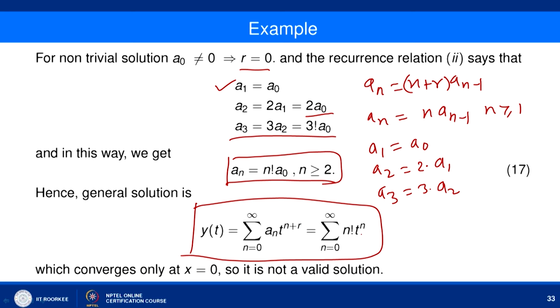So here theoretically we can say that it looks like we got a solution, and the solution is given by the sum from n equal to 0 to infinity of factorial n t to the power n. But if you have already seen the theory of power series, this power series has 0 radius of convergence, which you can calculate using your tools.